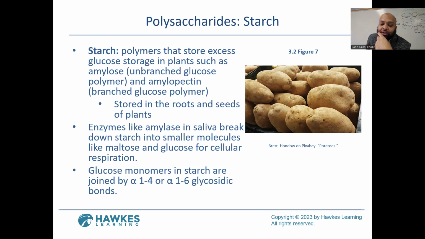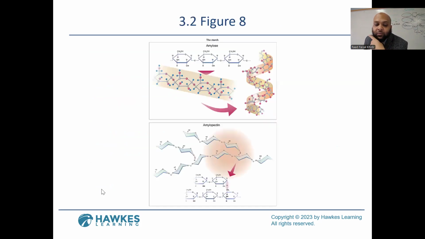Glucose monomers in starch are joined by alpha 1 to 4 or alpha 1 to 6 glycosidic bonds. Okay, this is the amylose, and you see now the hydroxyl is on, so this is an alpha group. What's the difference between amylose and amylopectin?